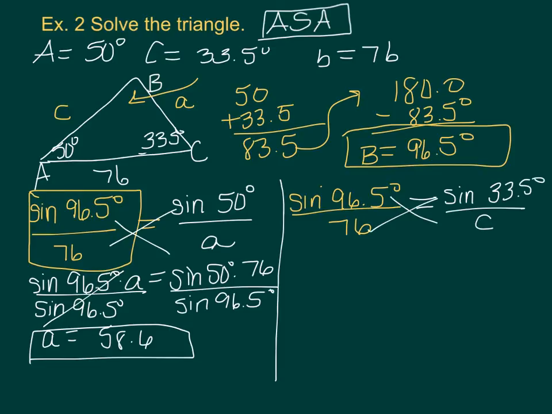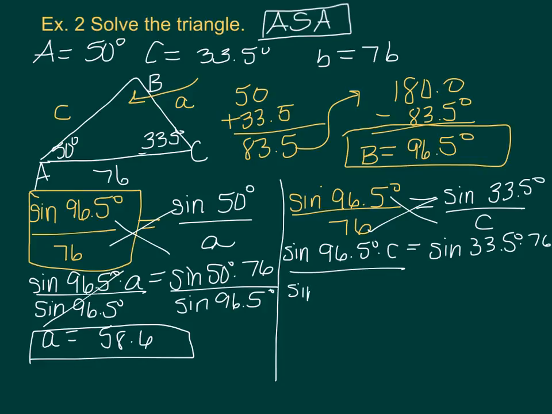And then you cross multiply, using the same steps as before, and then divide to get c by itself. So little c should equal approximately 42.2.